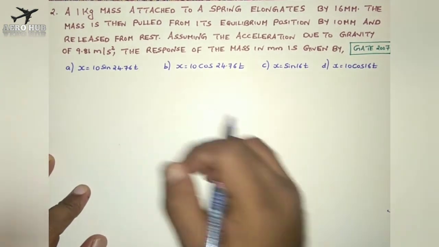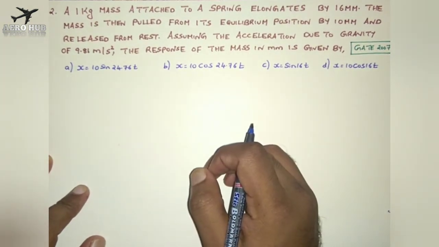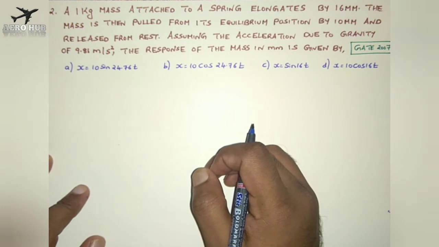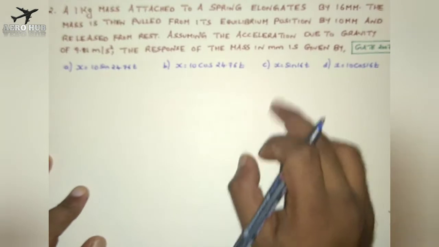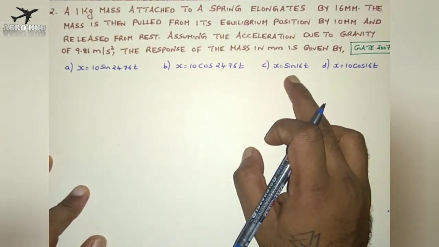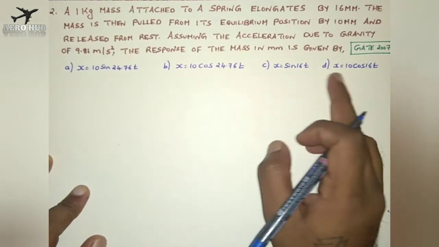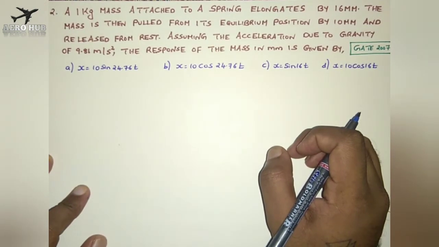Option A, 10 sin 24.76 t, option B, 10 cos 24.76 t, option C, x is equal to sin 16 t, and option D, x is equal to 10 cos 16 t.